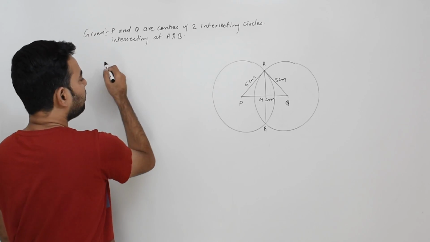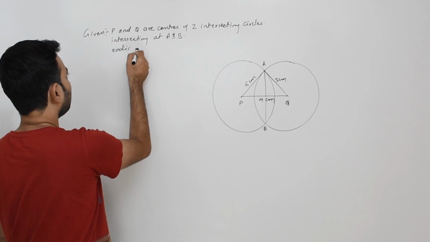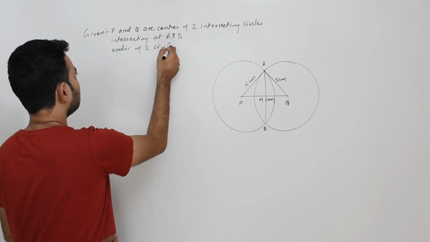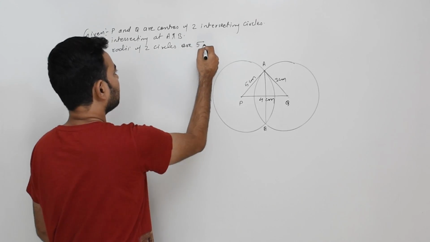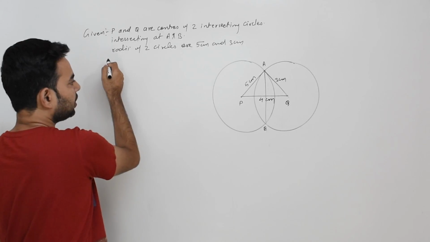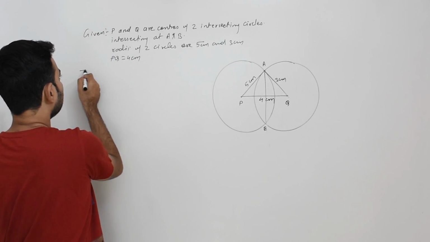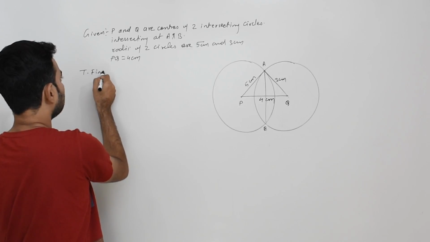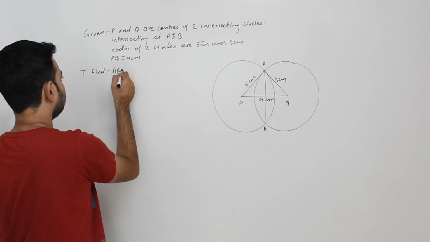The radii of the two circles are 5 centimeters and 3 centimeters, and the distance between their centers, PQ, is 4 centimeters. Then you have to find the length of AB.